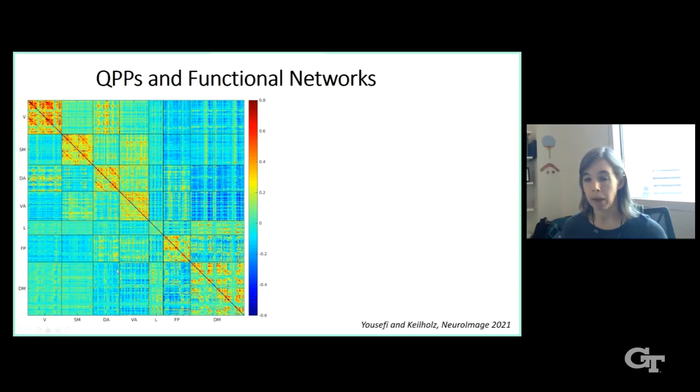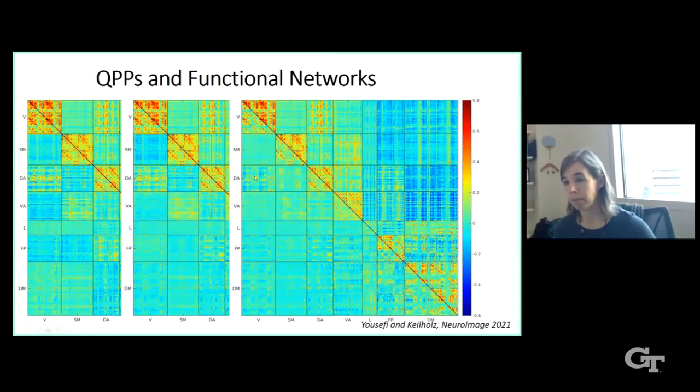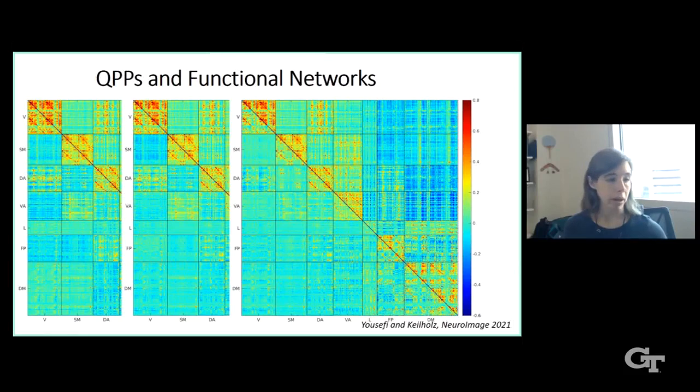You see we lose a lot of the anti-correlation and a lot of the correlation within the networks. And by the time we take out the first 3 QPPs, there's very little correlation left. It's mostly between left and right areas that are exactly homologous, like left and right primary motor cortex, for example. So that's really interesting because it says these 3 patterns explain most of this average functional connectivity. And I think that's a great motivation to go on looking at these dynamics.